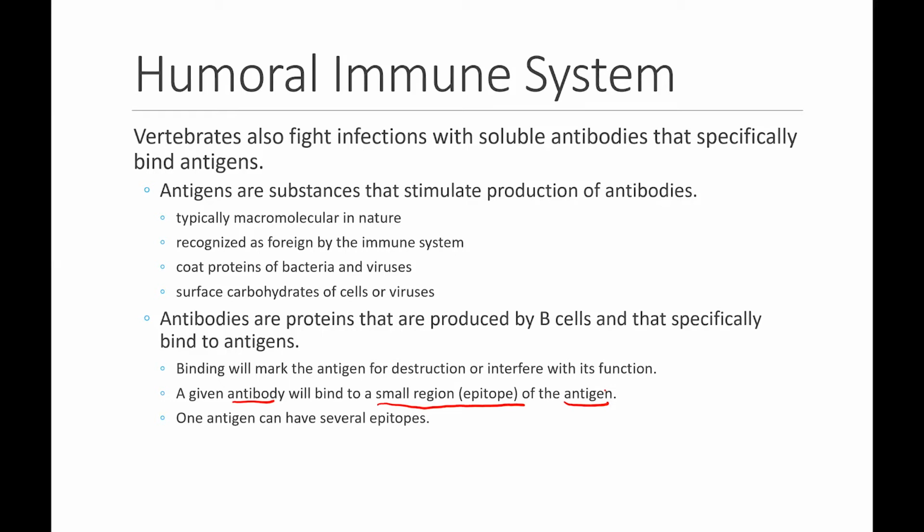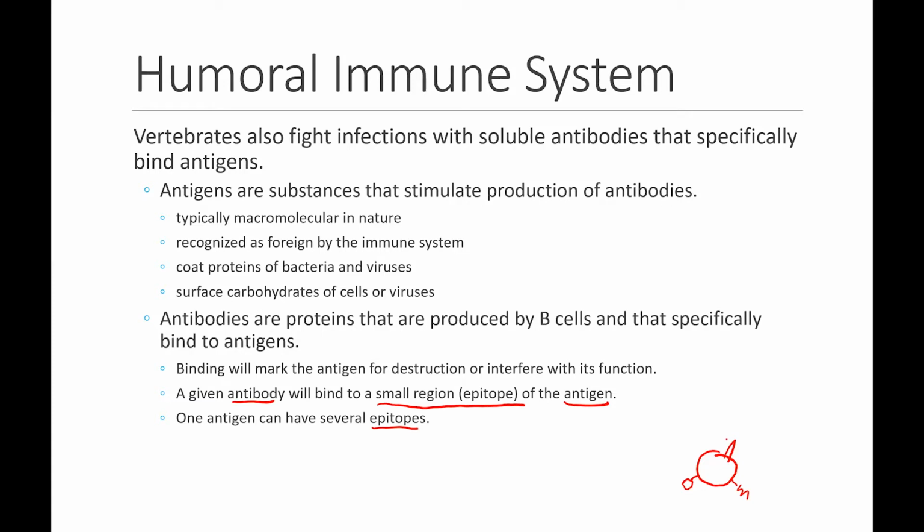Now, one antigen, one foreign invader, could have several what we call epitopes. Meaning, if this is your virus and it has different things on it, it has some sugars, some proteins, maybe some lipids, a B cell could make multiple antibodies that recognize your virus.